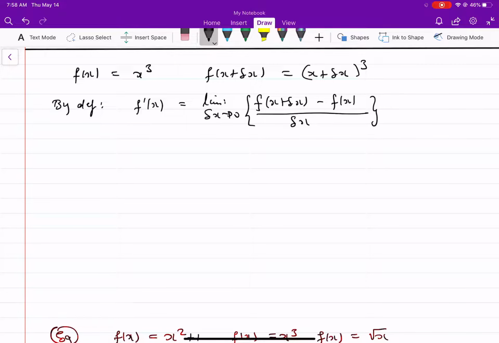So f prime of x is the limit as delta x approaches 0 of f of x plus delta x, which is x plus delta x all cubed, minus x cubed, which is the f of x, all divided by delta x. Again, you're guaranteed to get 0 upon 0 if you plug in delta x equals 0 directly. So that's not going to solve the problem at this point.